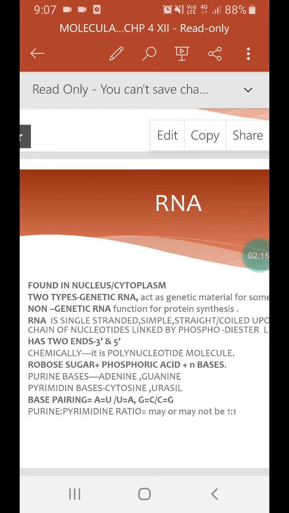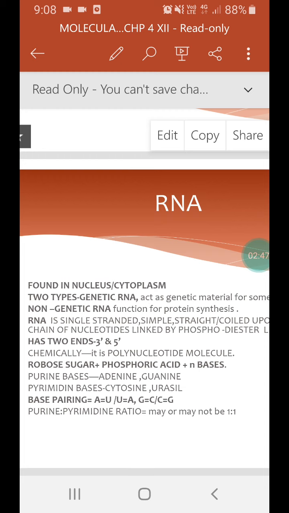RNA has 2 ends, that is the 3' and 5' end. In the RNA molecule, if coiling or folding occurs, then base pairing may occur between complementary bases, like adenine pairs with uracil, while uracil pairs with adenine, or guanine pairs with cytosine.